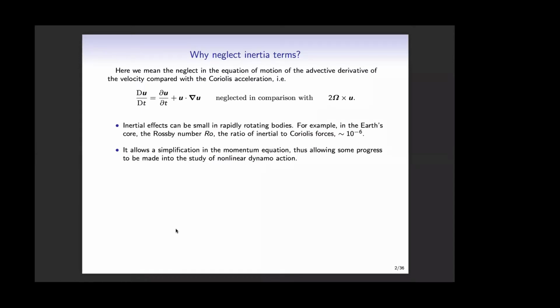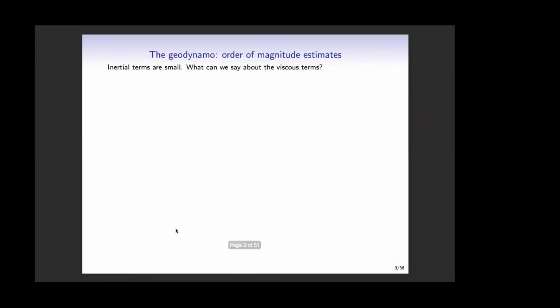So those are the two reasons. I'm not going to be doing a big spherical geodynamo simulation, but it's worth looking at what we know about the geodynamo and the balance of terms, because that's going to be behind everything that I'm going to be talking about, really. So I've already said that inertial terms are small.